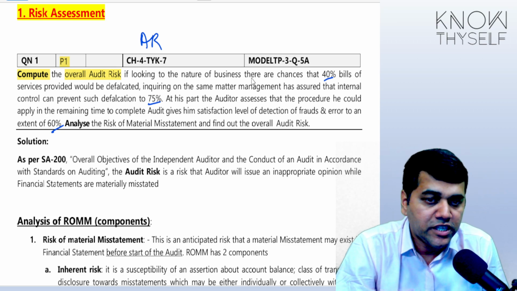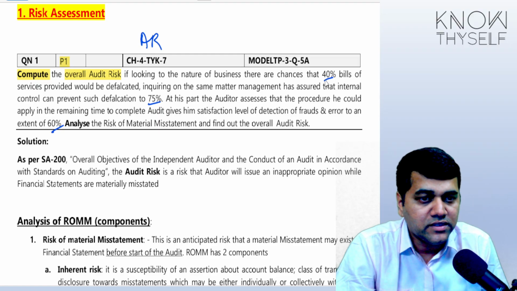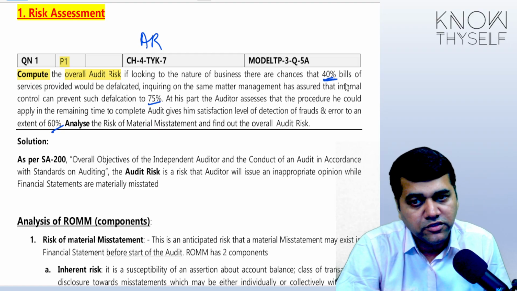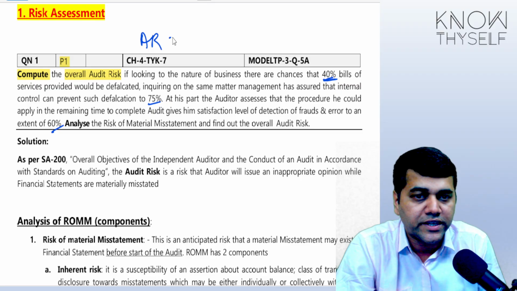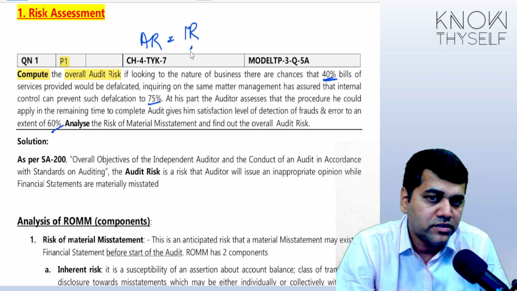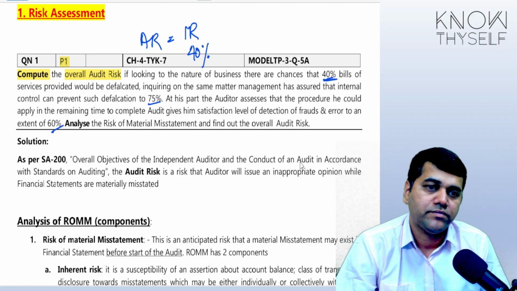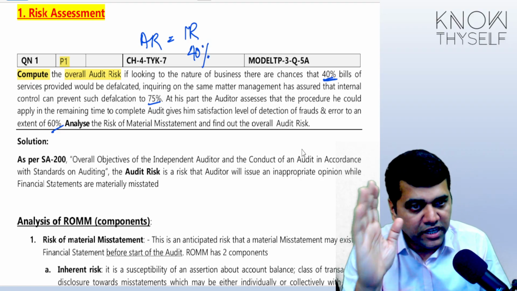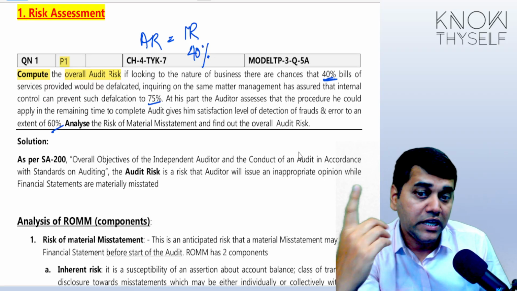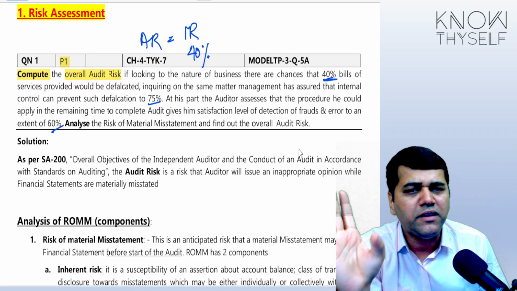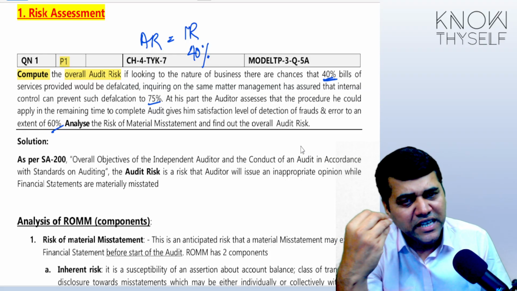Looking at the nature of the business, there are chances that by default 40% of the services provided would be defaulted. So what is your inherent risk? 40%. That means out of 100 bills, only 60 bills will be proper, because the nature itself is like that.